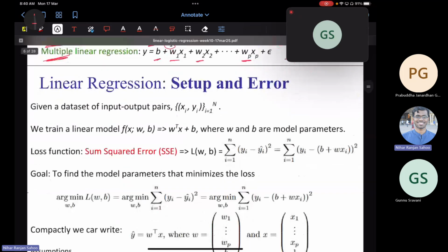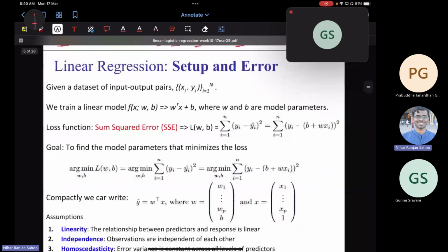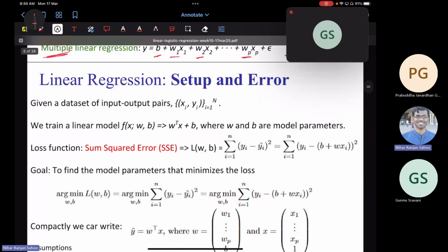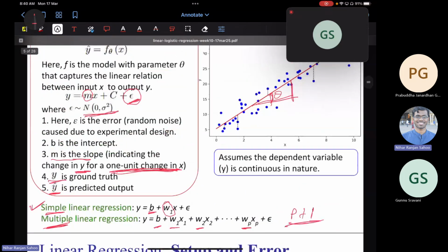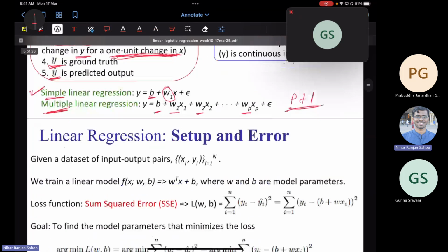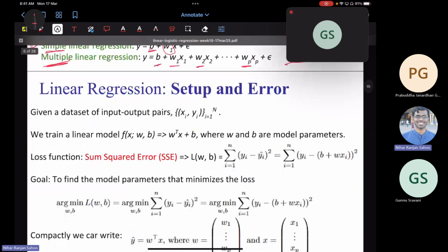Now again, going about the broader setup, how do we compute the error? When we have a ground truth y and predicted y hat, we should have some kind of measurement to say whether y hat is close to y or not, and how close. So what is the setup?